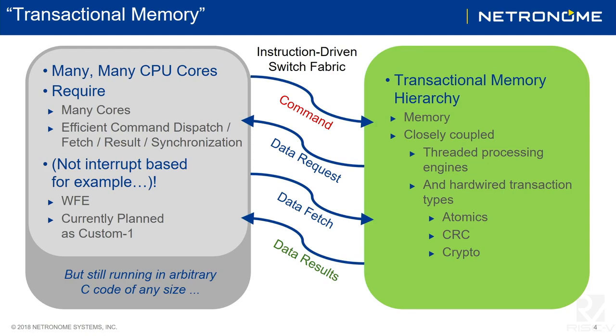It includes the memory range that the operation runs on, and then it includes how to terminate the operation, whether the processor needs to be signaled or woken up when the operation is done, or it doesn't need any return information. The type of transactional operation, some of them are listed here on the chart, could be as simple as an atomic operation, CRC calculations on a range of memory locations, all the way up to doing a full decrypt or encrypt of your packet coming into the system.